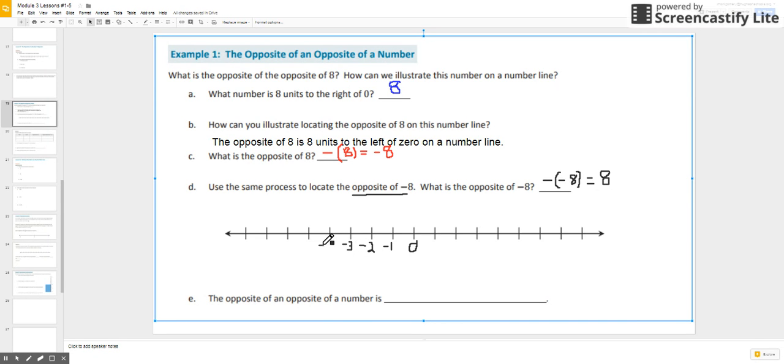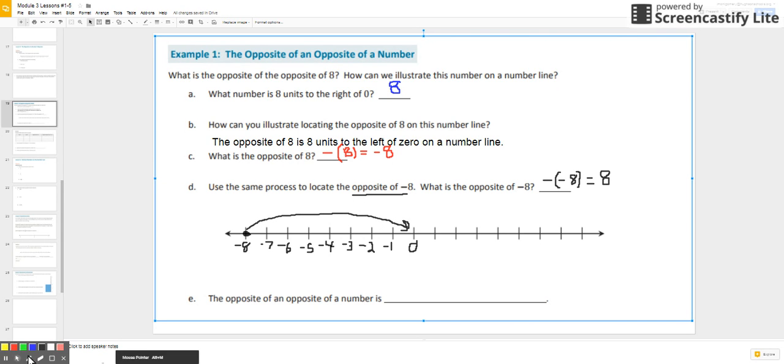Let's fill this in. Negative 6, that's a bad 6, and then negative 8. There is our negative 8. Let's fill that in with a dot, and that is 8 units away from 0.